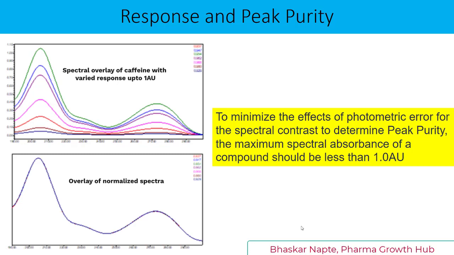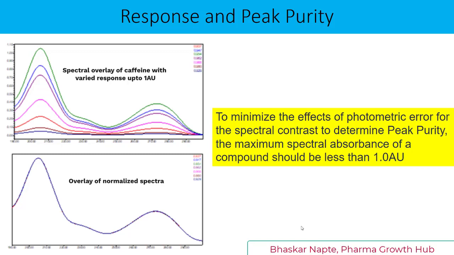So you can see that there is complete homogeneity of the normalized UV spectra when the response is lesser than 1 AU. So you must take care whenever there is a higher response for your, let us say, principal peak: you can dilute this solution to achieve a response below 1 AU and then measure the peak purity.